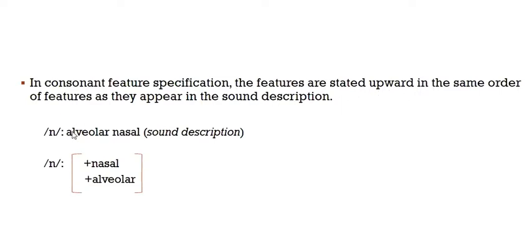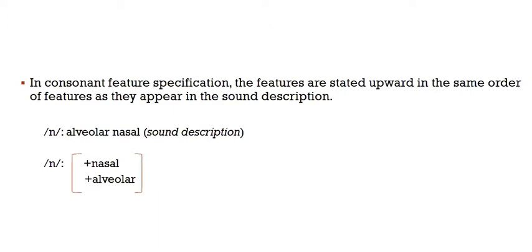So you start with the first feature, which is alveolar, and then you go to the lowest part of the feature thing. You write the first classification or the first feature there, and then the second will go upward. So alveolar nasal will be plus nasal, plus alveolar. So it will go the other way around.